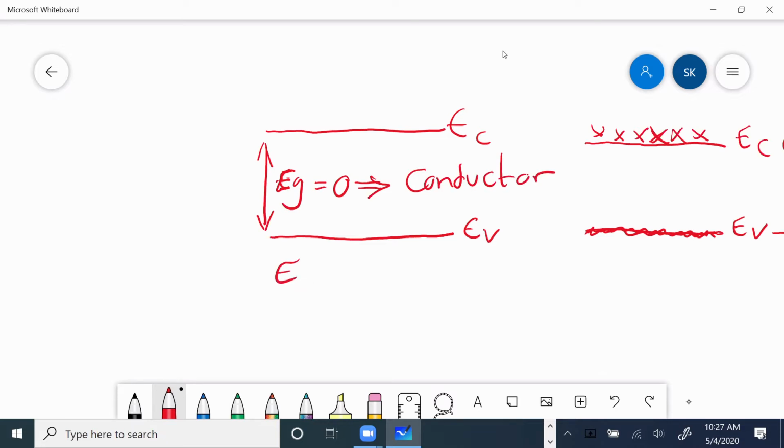If this EG is very big, by very big, I mean in the order of or bigger than 6 electron volts, this material is an insulator.